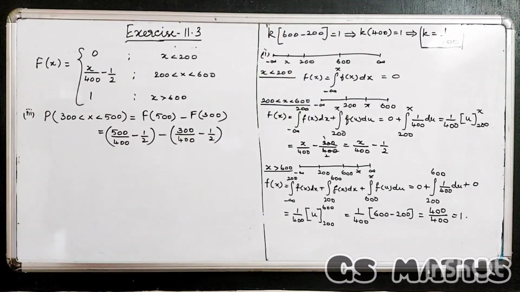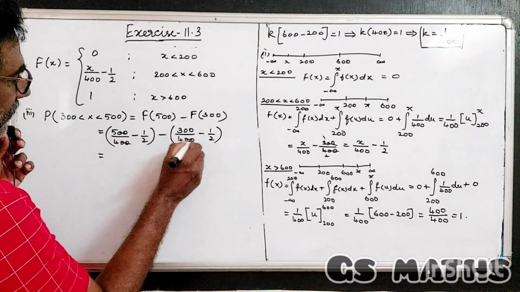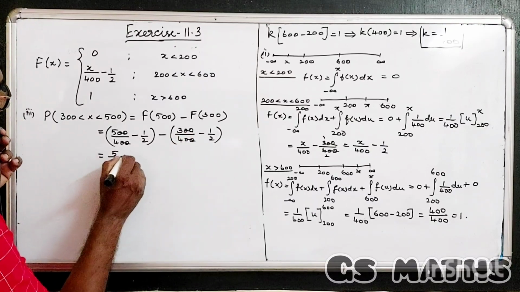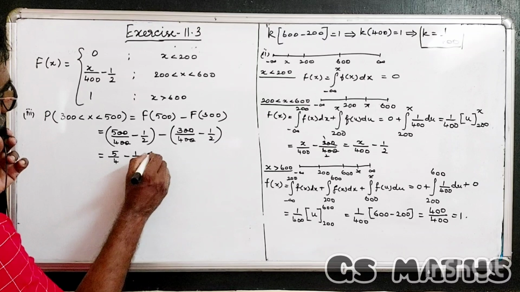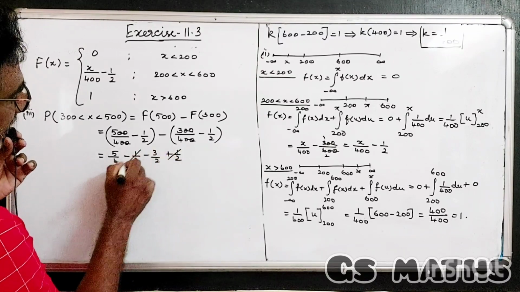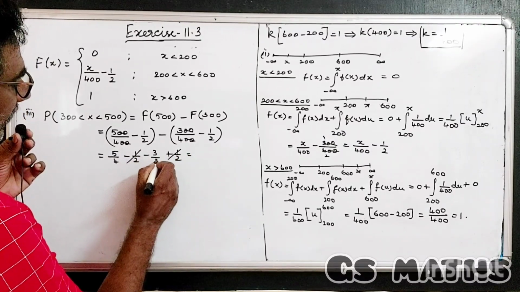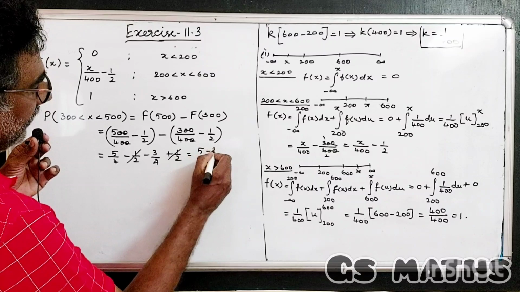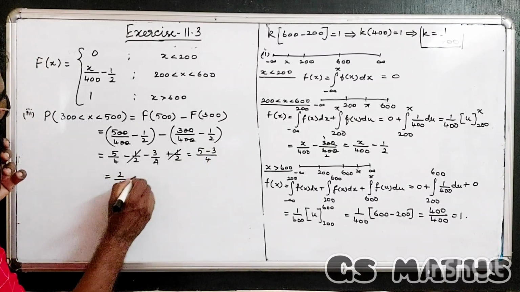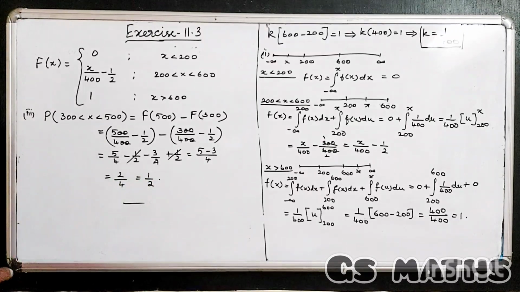Now this is equal to, striking out the zeros, 5 by 4 minus 1 by 2 minus 3 by 4 plus 1 by 2. These two get cancelled. If I take the LCM, I get 5 minus 3 divided by 4, which is equal to 2 by 4, which is 1 by 2. So this is the answer for the third subdivision.